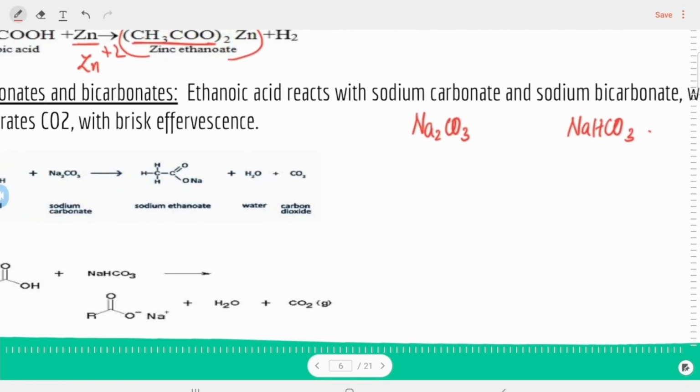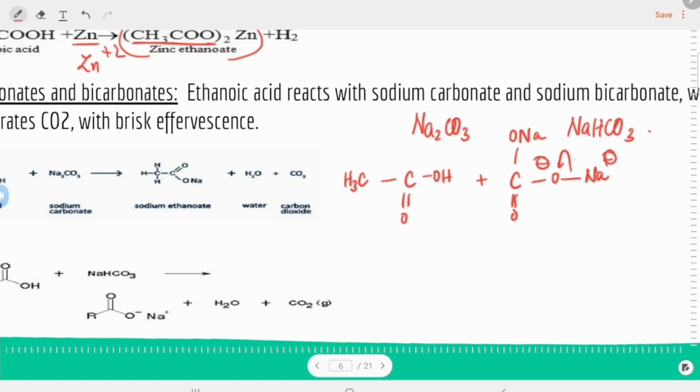Let's take a quick review of how this takes place. If we take CH3C double bond O OH, that is ethanoic acid, reacting with C double bond O ONa and ONa. Let's write this ONa showing the bond. We know O is more electronegative, therefore negative and positive.